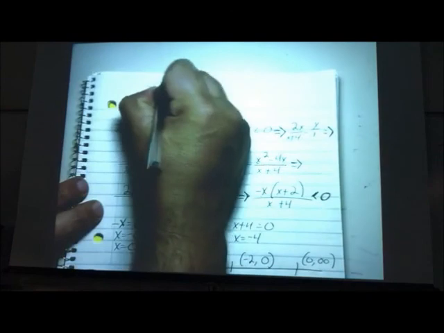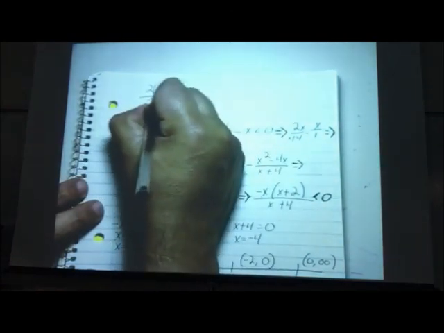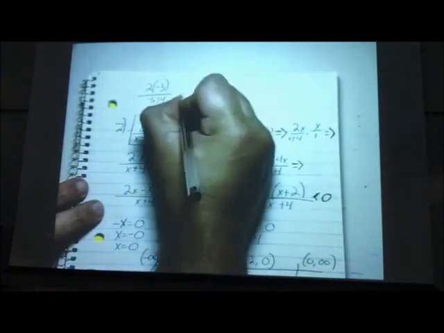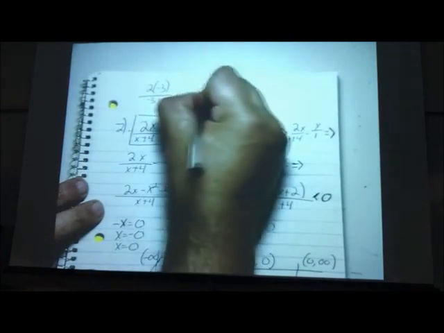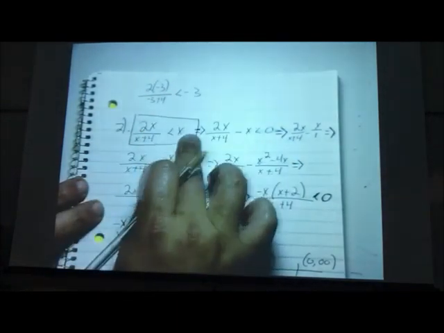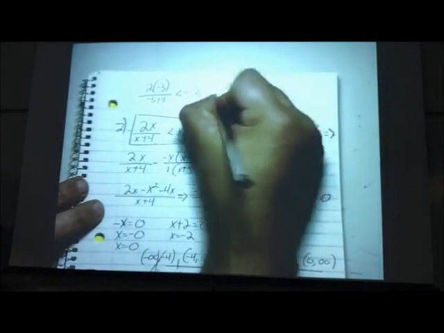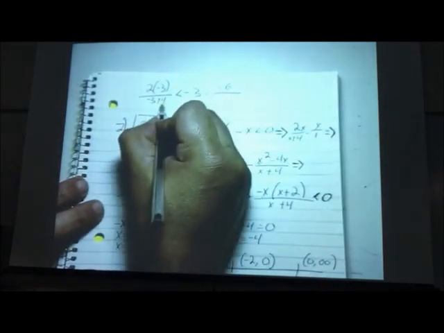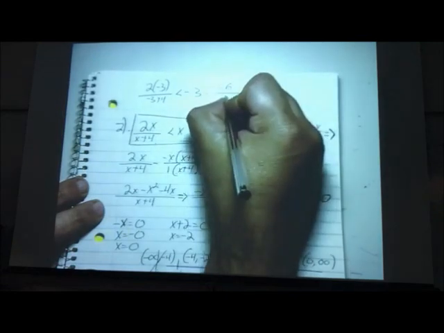-3. And I'll work one with you guys so that you can see what I'm talking about. I don't want you not to understand. So here we have 2 times -3 over -3 plus 4. I'm just pulling it from here. -3 and 2 is -6 over -3 plus 4, which is 1.